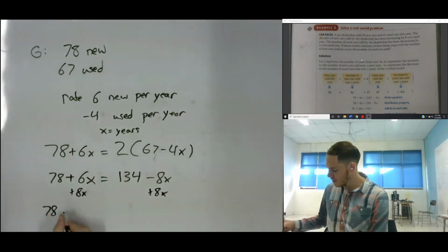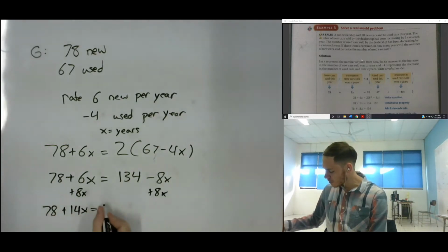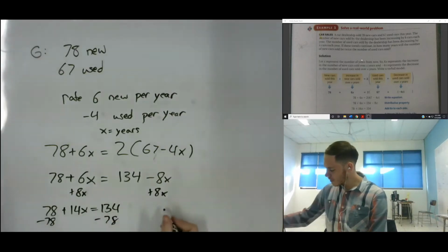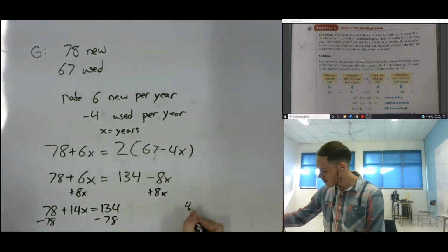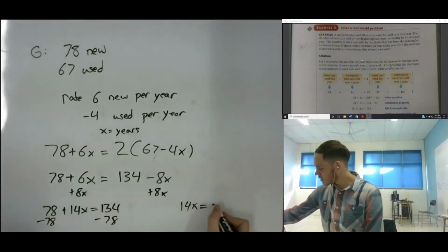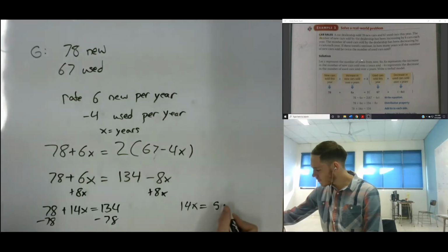So 78 plus 14x equals 134. Let's subtract 78 because we're going to get x by itself. Okay, so we get 14x equals, and then doing the math here, get 56.